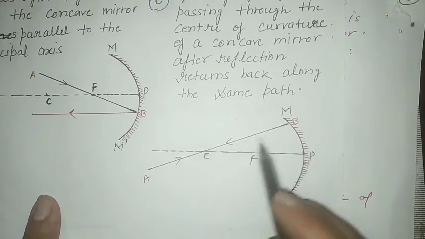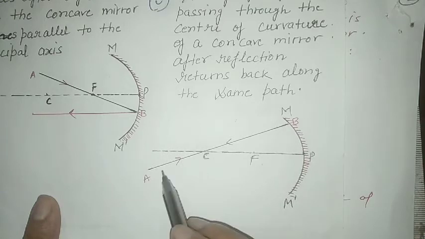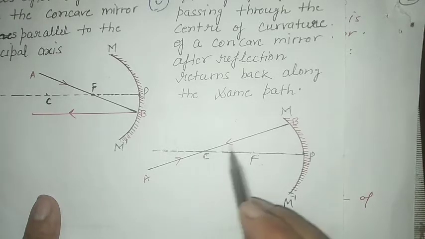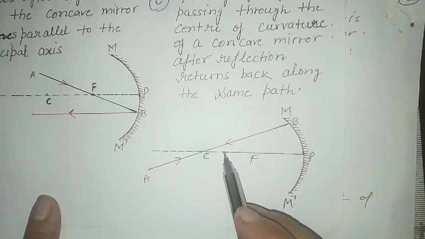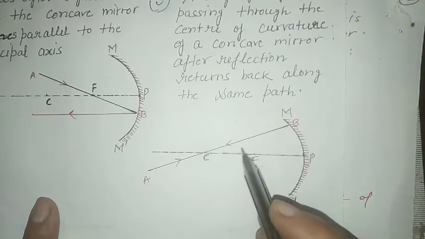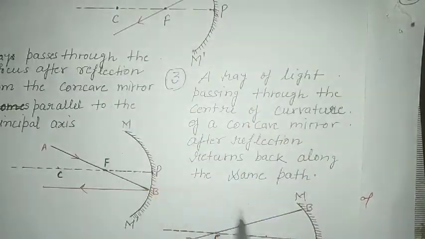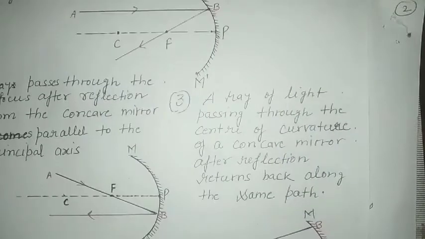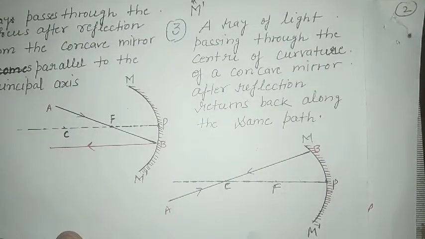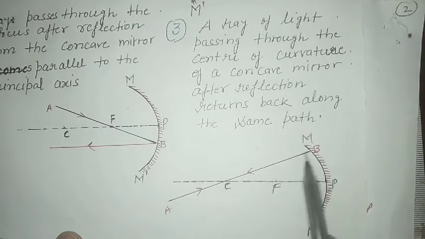It bounces back and retraces the same path, because in this case the angle of incidence is equal to the angle of reflection. So these are the three important rules: a ray parallel to the axis passes through the focus after reflection, a ray through the focus becomes parallel to the principal axis, and a ray through the center of curvature retraces the same path.